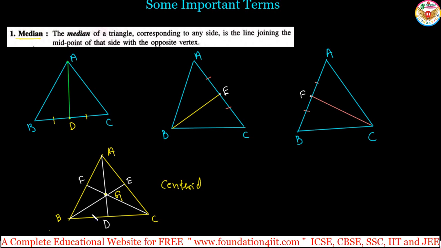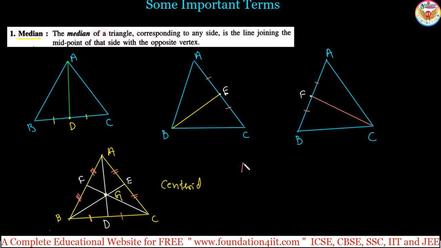So here BD is equal to DC, AE is equal to EC, and AF is equal to BF, because a line from a vertex to the midpoint of the opposite side is called a median, and the point of intersection of the medians is called the centroid, which we denote with G.